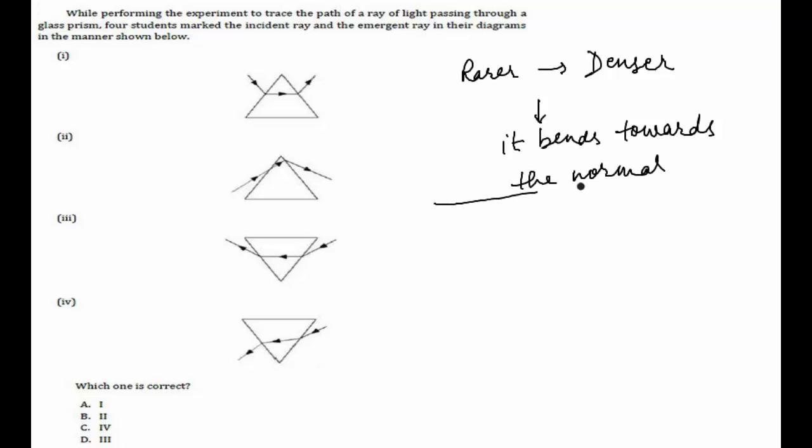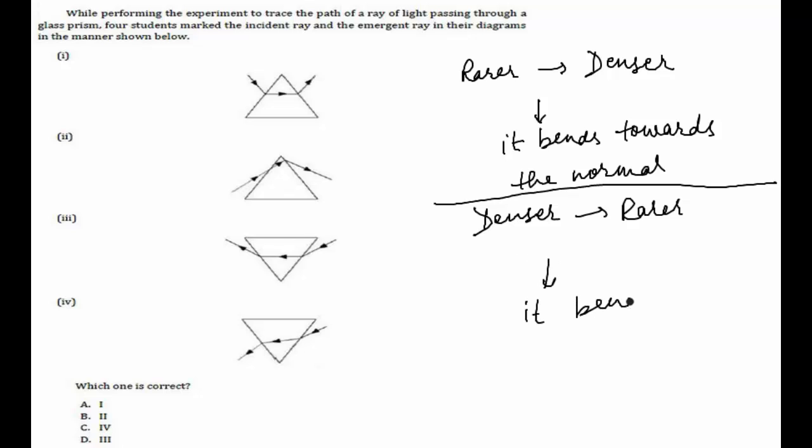And when the light goes from a denser to a rarer medium, it bends away from the normal. So, considering both these properties of refraction of light, let's check each option one by one.